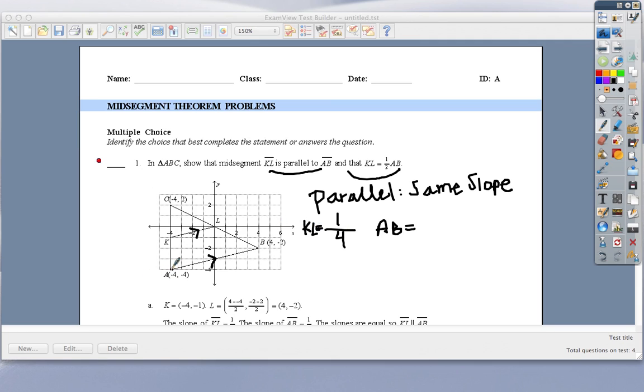We had to rise 1, 2, and go over 1, 2, 3, 4, 5, 6, 7, 8 to get to B. Well, if we reduce this, it reduces to 1/4. So it's the same slope, so it is parallel. Okay, awesome.